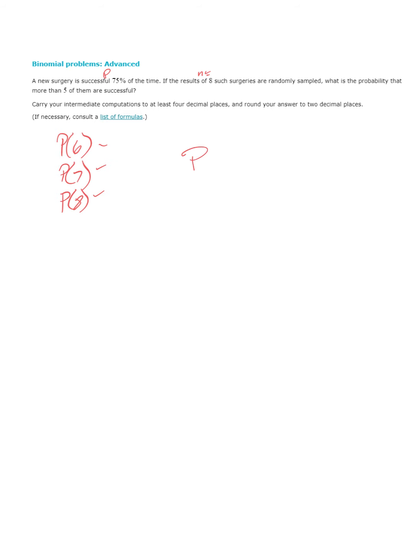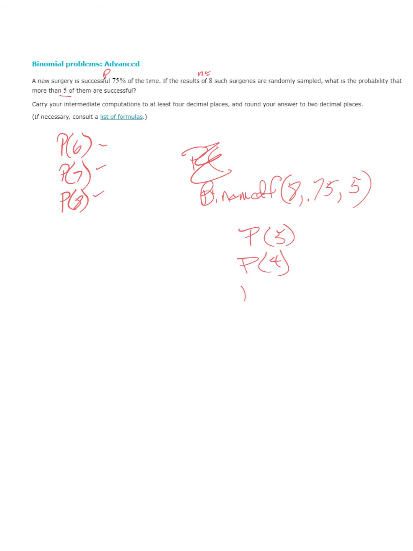Okay, so here's what a lot of students do, just so you know. They type in binom CDF, they type in the 8 trials, probability of success is 0.75, and then they read this problem, they say, okay, more than 5, so they type in a 5. All right, so what that does, though, is give them the probability of 5 and all the ones below it, because it counts down, right?